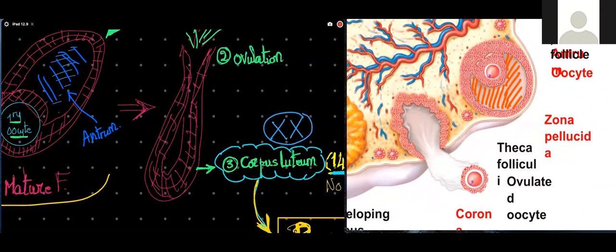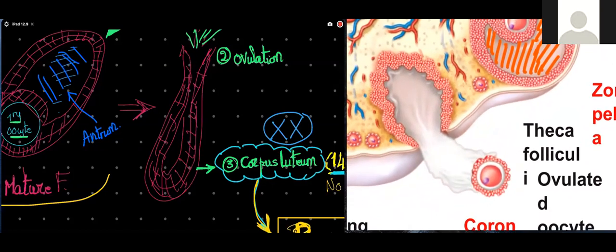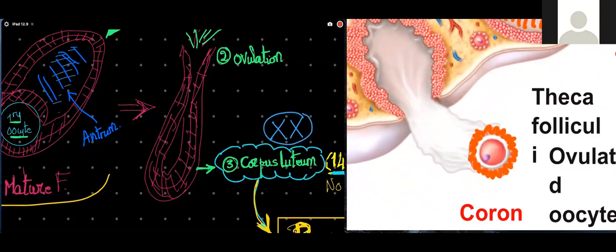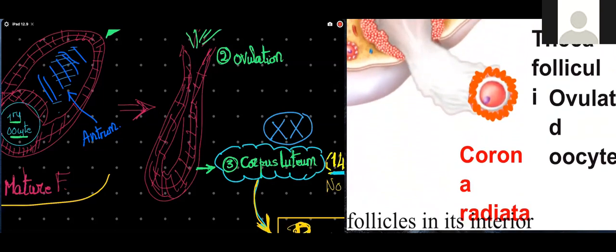If you notice on here, the ovulated egg is still going to have some granulosa cells surrounding it, forming a radiating crown. We call this the corona radiata, because it simply looks like a radiating crown around the ovulated egg.